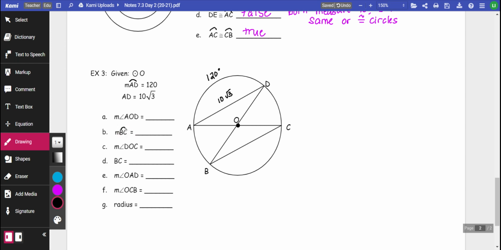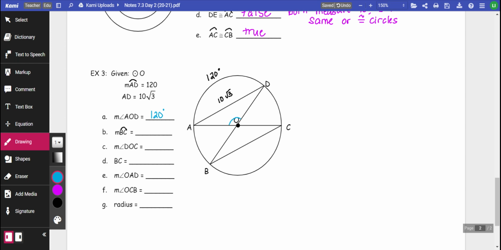First, we're finding the measure of angle AOD. Angle AOD is this angle right here. It's a central angle that intercepts arc AD, so it's 120 degrees, since the central angle is equal to the measure of its intercepted arc.